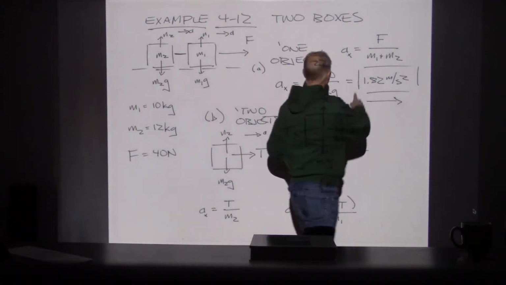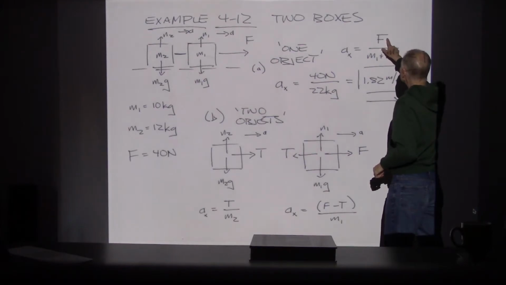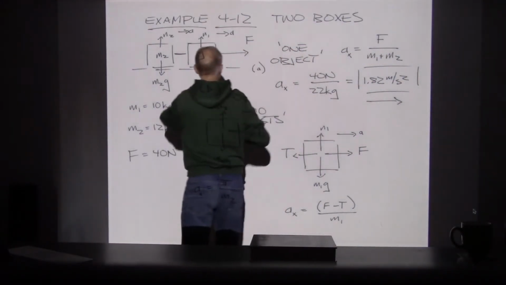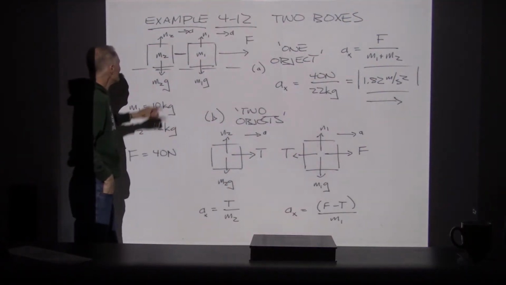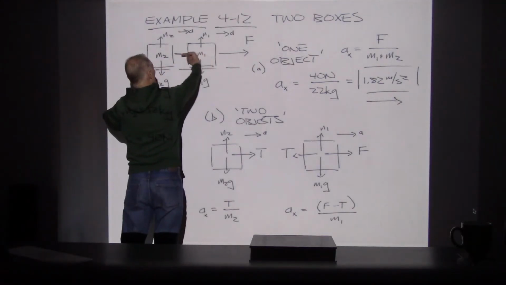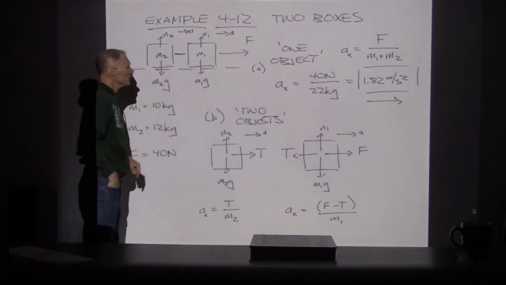Now I can treat it as one object, accelerating at some value. The net force acting on the two objects combined is just this force. What you're saying is, wait a minute, what about the tension between the two? There's a tension on block 1 pulling it back, and a tension on block 2 pulling it forward.